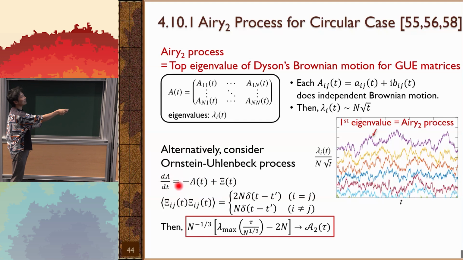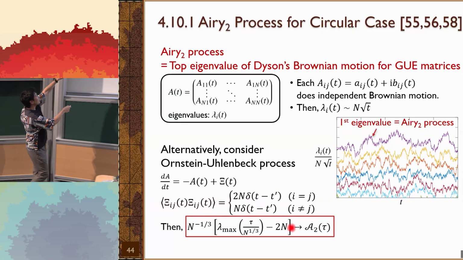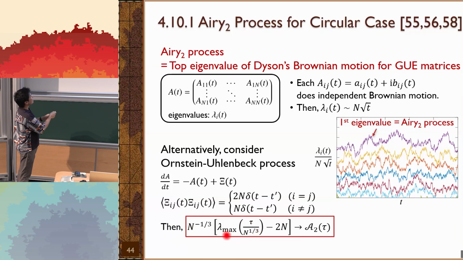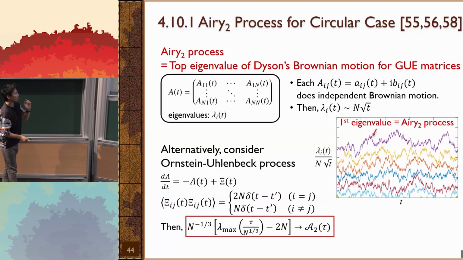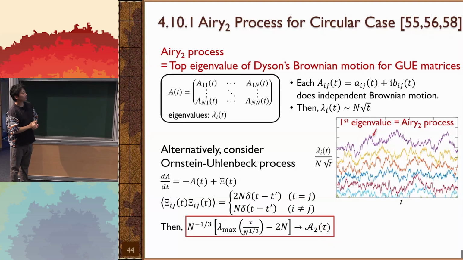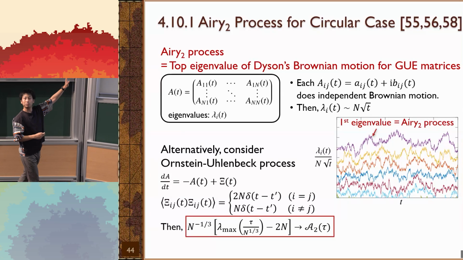This is also the same Dyson's Brownian motion without this square root of t dependence. Anyway, from this Ornstein-Uhlenbeck process, you obtain lambda max, and you rescale in this way, and you can get the Airy 2 process in the large matrix limit. Okay, so this is the Airy 2 process.